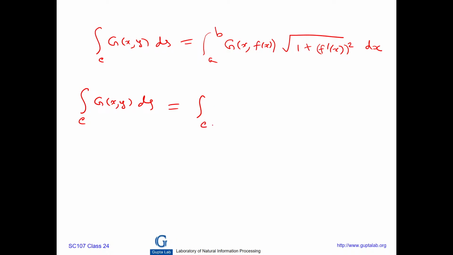Suppose it is integration along C1 g(x,y) ds plus integration along C2 g(x,y) ds. So you can break the integral up for each piecewise smooth curve. Okay, that is the thing.